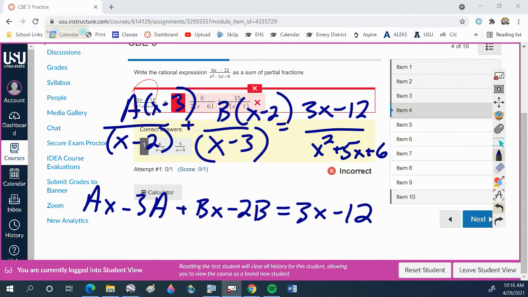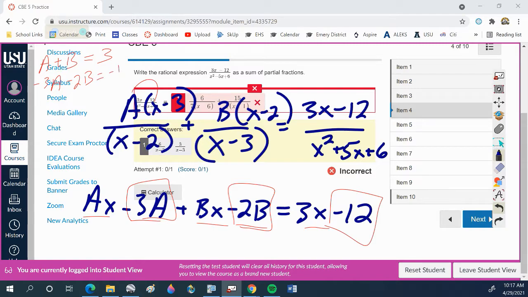So we filter out these terms. So a plus b equals 3. And then we filter out these terms. So negative 3a minus 2b equals negative 12. All right. I'm going to double the top: 2a plus 2b equals 6. Now the b's cancel.